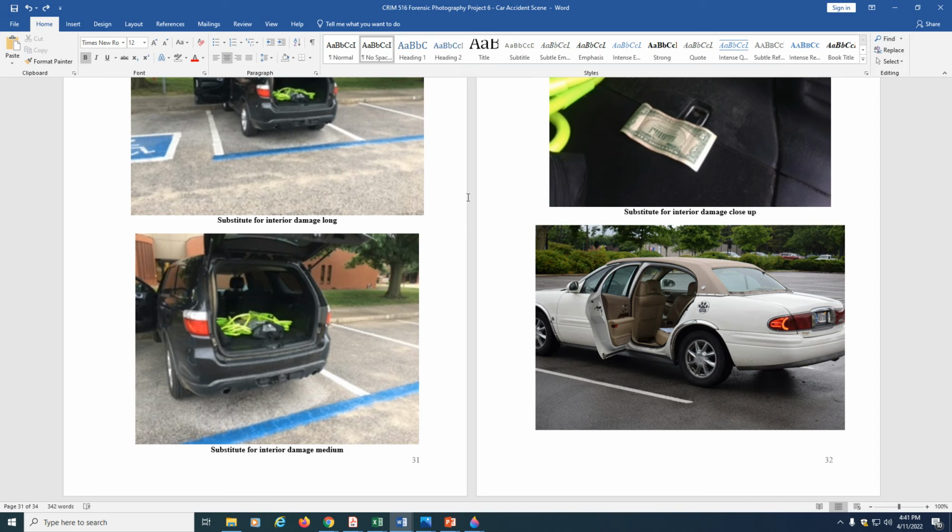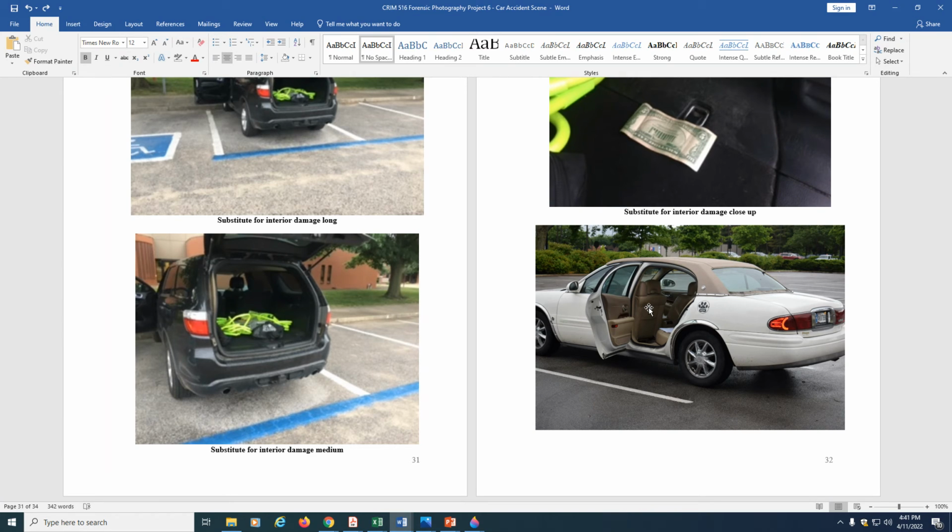So what I would suggest, even if you don't have damage, you can, as long as you indicate that you are understanding how you would identify it. So, for example, you are going to have interior damage, but maybe simply something that's not actual damage to your vehicle. For example, in this case, they used a piece of paper to indicate the quote damage.